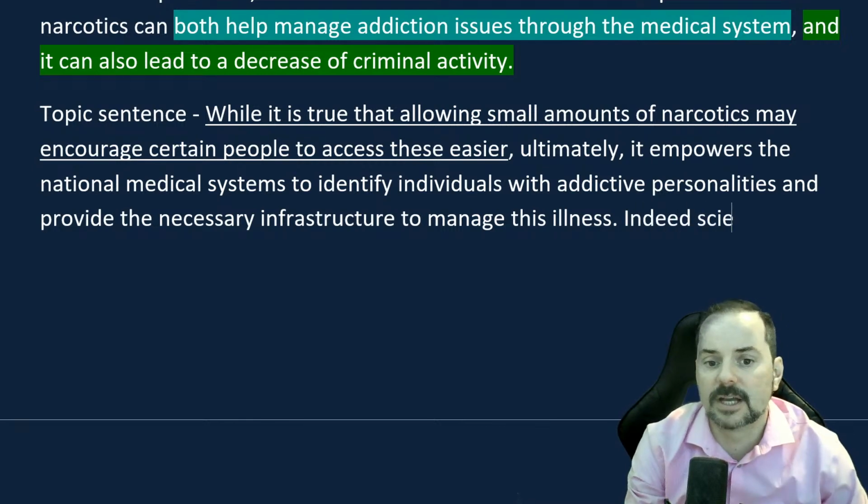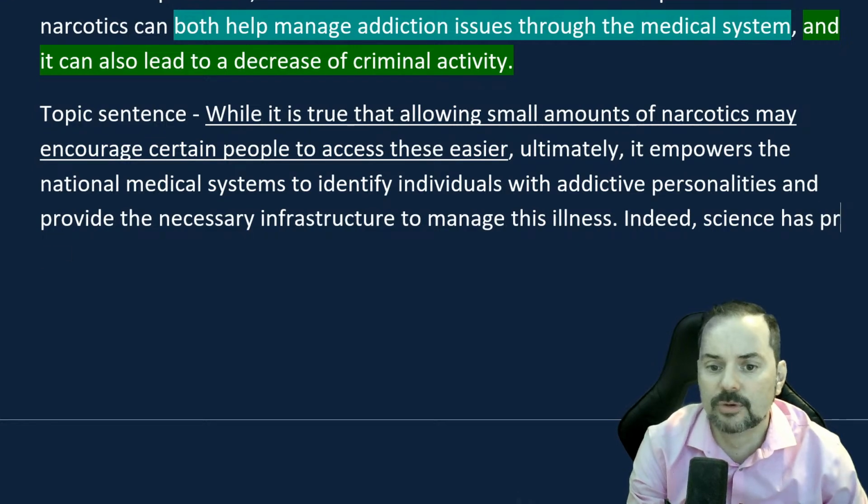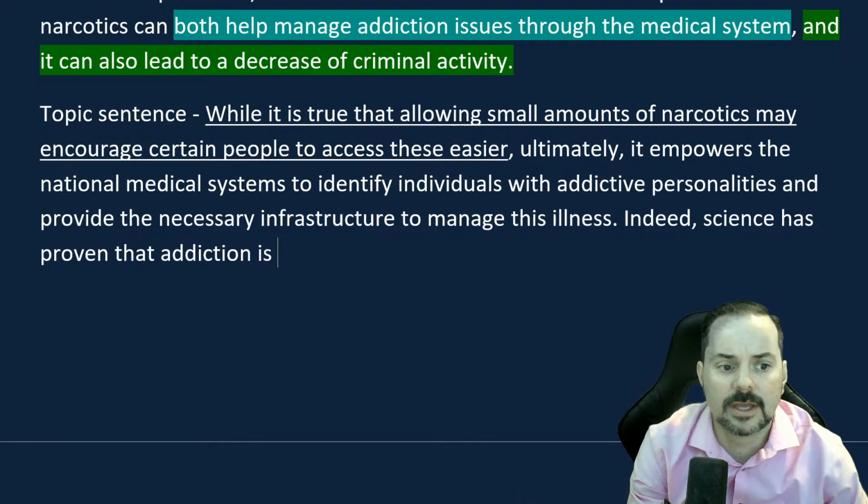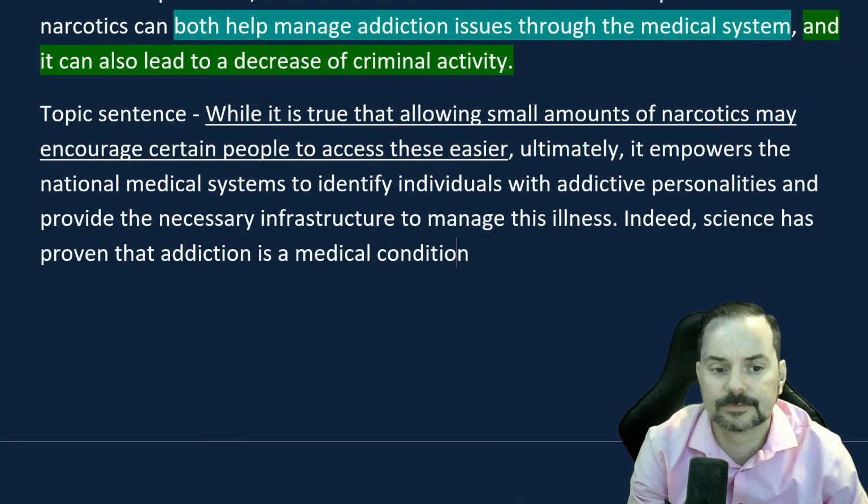Indeed, science has proven that addiction is a medical condition that is related to genetics.